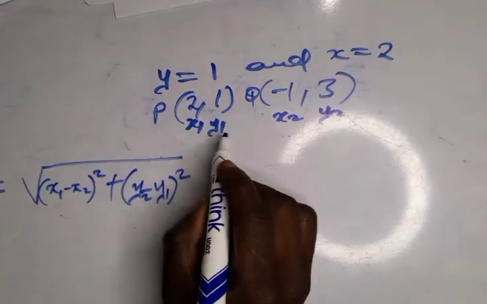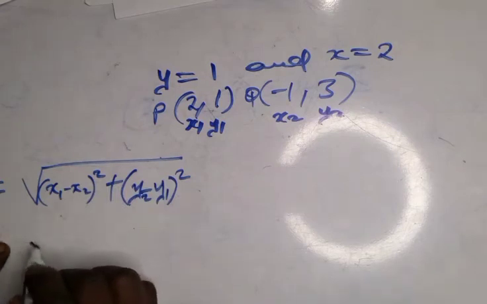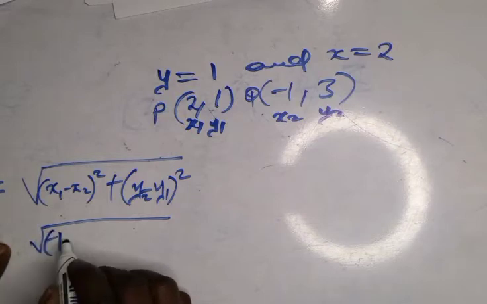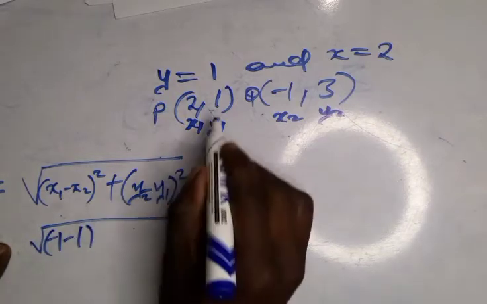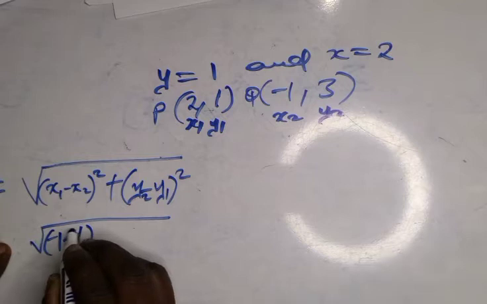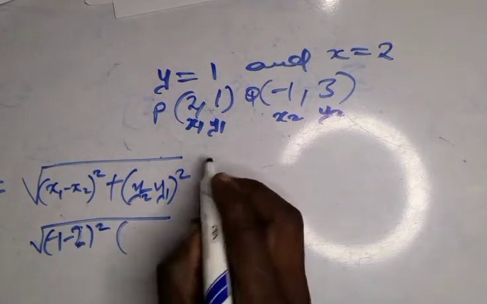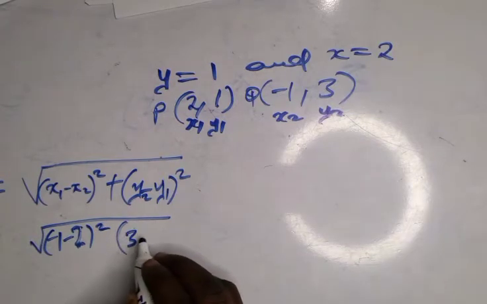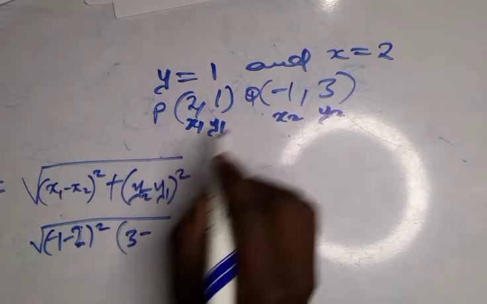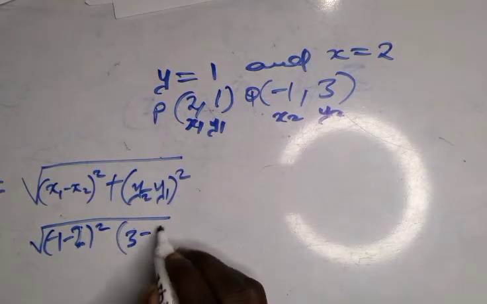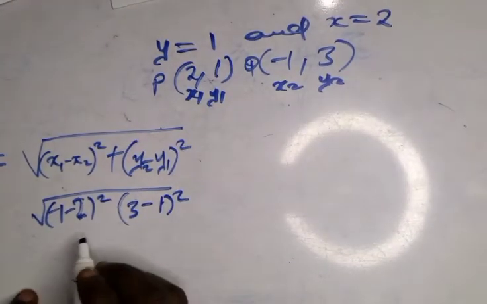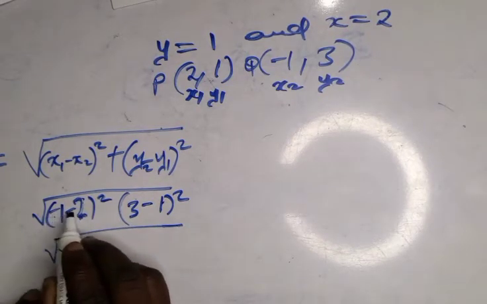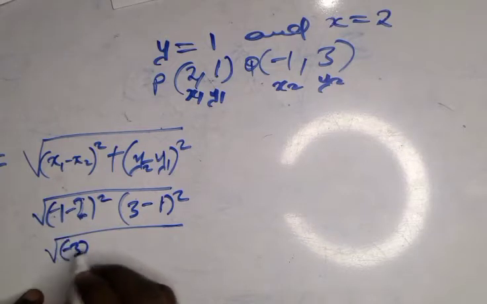Then let's substitute where there is the x1, we have minus 1, minus x2 which is 2, then y1 we have 3 minus 1 squared, then square root here minus 1 minus 2, which is minus 3 squared.